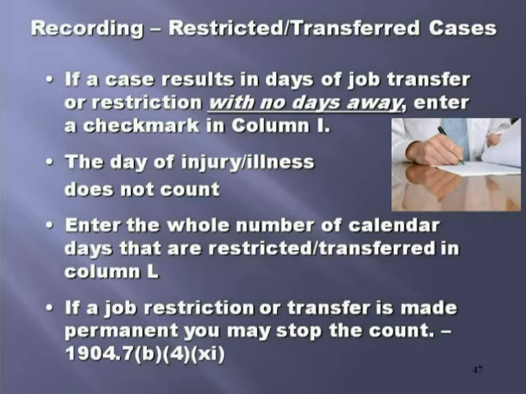Again, column I is for cases that result in job transfer or restrictions only with no days away from work. It is a common error that people put check marks in both H and I, but again, column I is for cases resulting in job transfer or restriction with no days away.